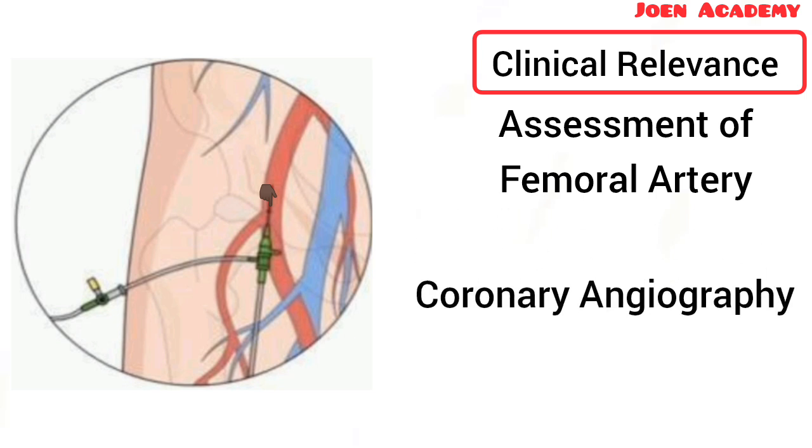In coronary angiography, the femoral artery is catheterized with a long thin tube. This tube is navigated up to the external iliac artery, the common iliac artery, the aorta, and then into the coronary vessels. A radio-opaque dye is then injected into the coronary vessels, and any wall thickening or blockage can be visualized through X-ray.